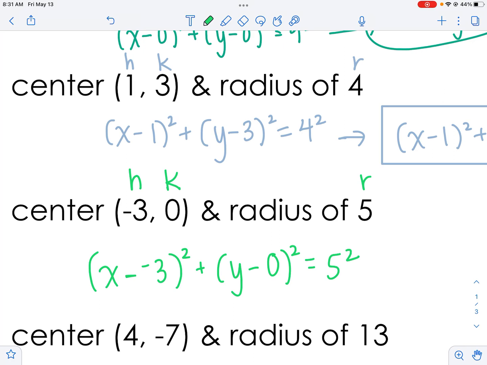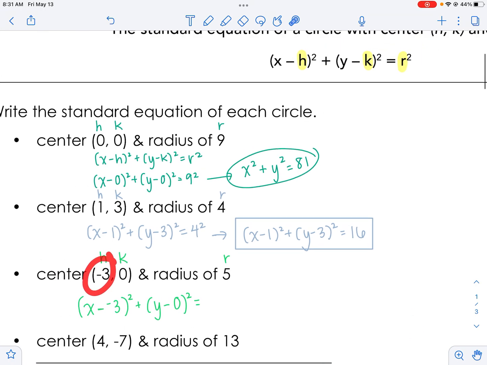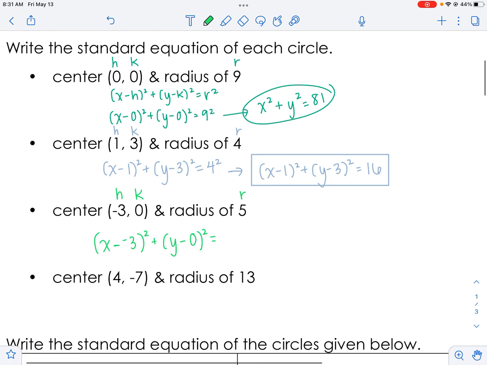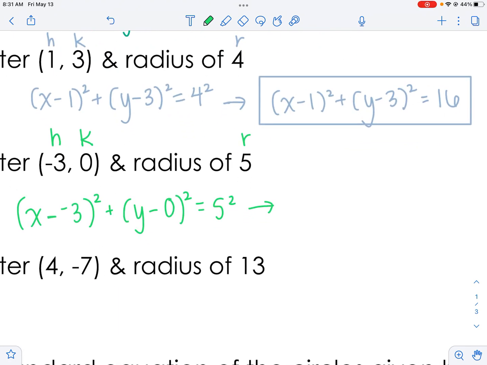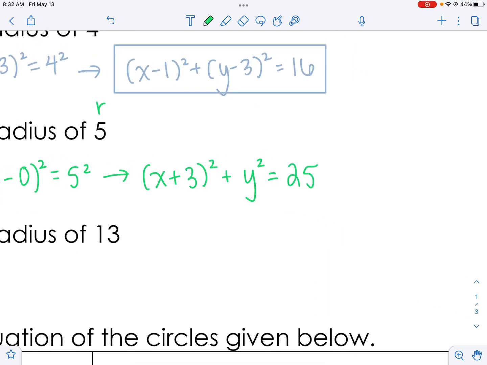This is what I was talking about earlier: if your center is a negative number, our formula is negative, and two negatives make a positive. So now I'm going to simplify. I labeled and plugged in. I'm not going to say x minus −3; let's just change that to (x + 3)² + y² = 25, since y − 0 is just y and 5² is 25.